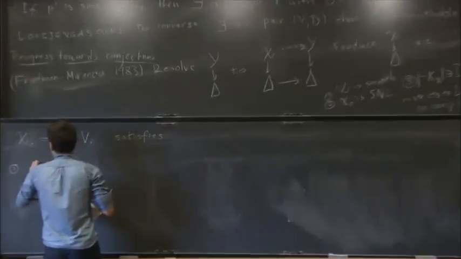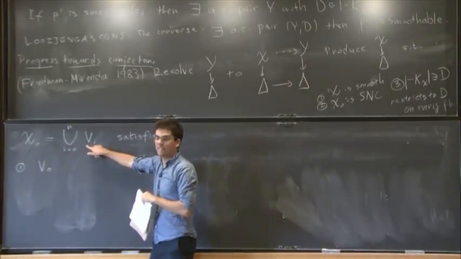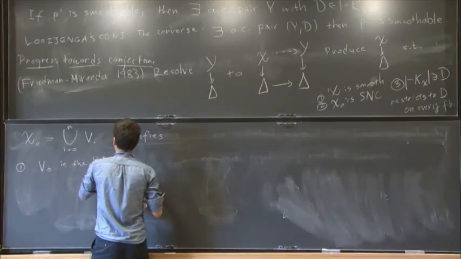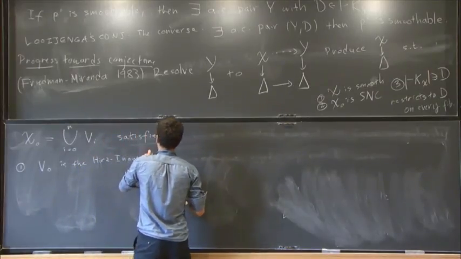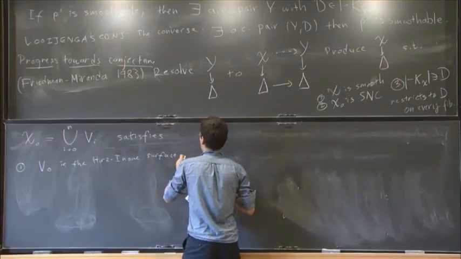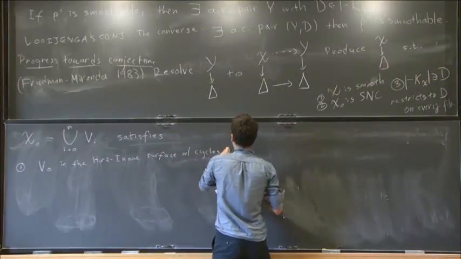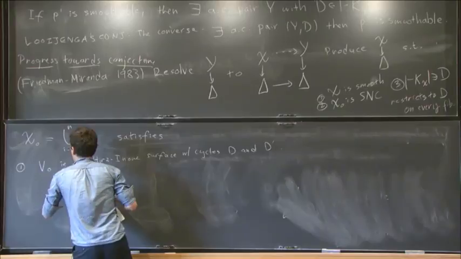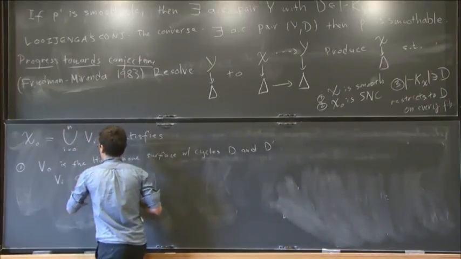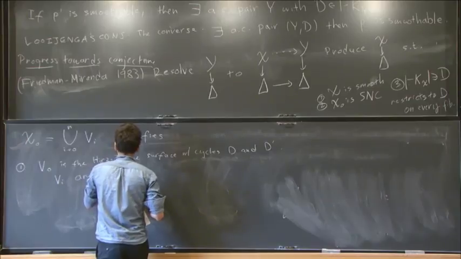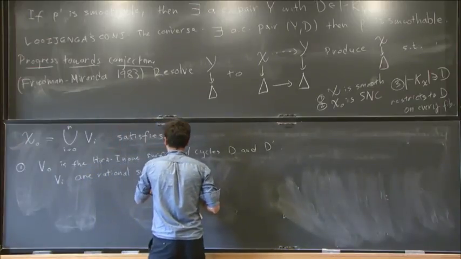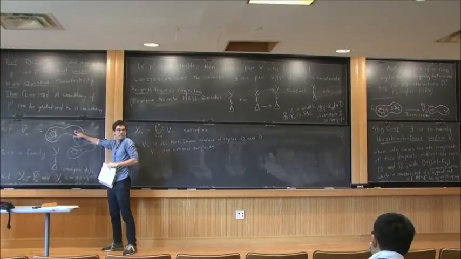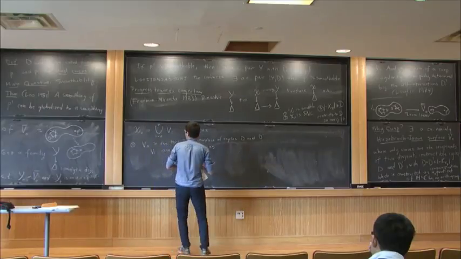And so V_0, the first surface in this central fiber, is the Hirzebruch-Jung surface with cycles D and D prime, while all the surfaces V_i are rational surfaces. As you might expect, when you blow up, you introduce rational surfaces as exceptional divisors.